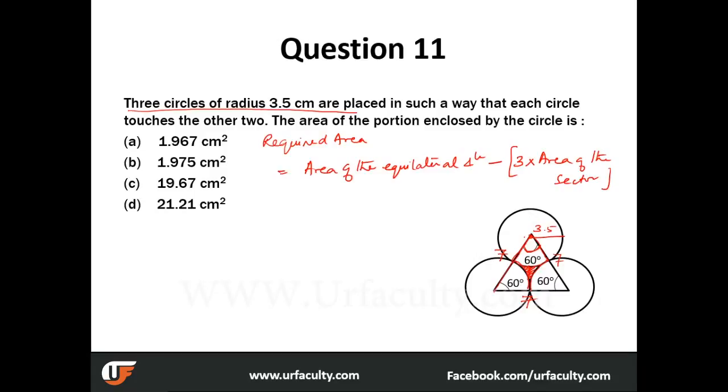Which sector am I talking about? I am talking about this sector, right? It is same for all the three because the radius is same and the angle is 60 degrees. So I'm just doing it 3 times. There's 1, 2 and 3. With that you will get this value, right?